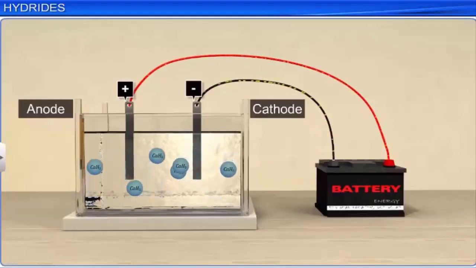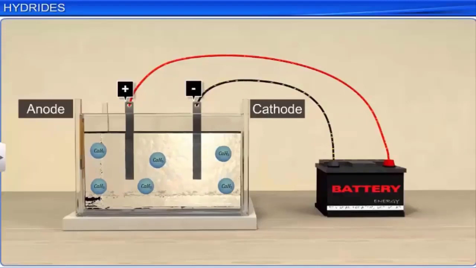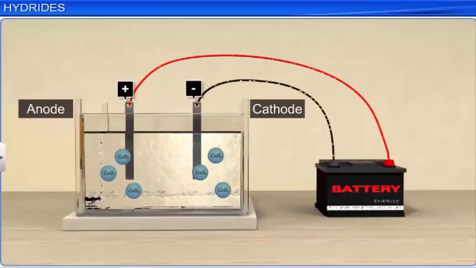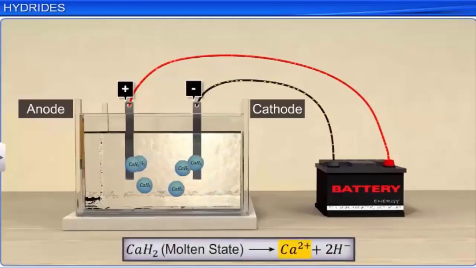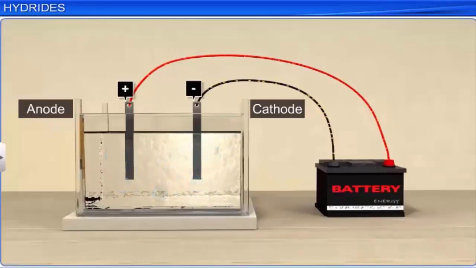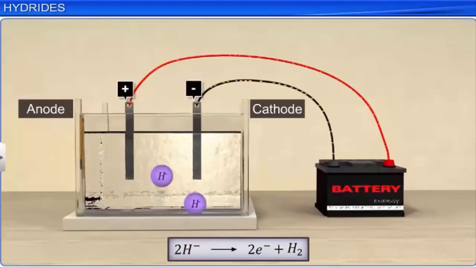On passing current through molten calcium hydride, the compound dissociates into calcium 2+ ion and hydride ion. At the anode, each of the two hydride ions combine to liberate dihydrogen gas and 2 electrons.